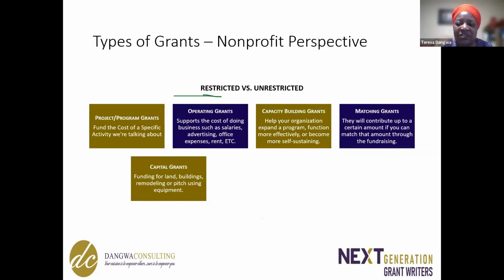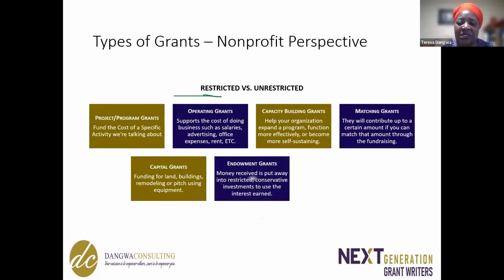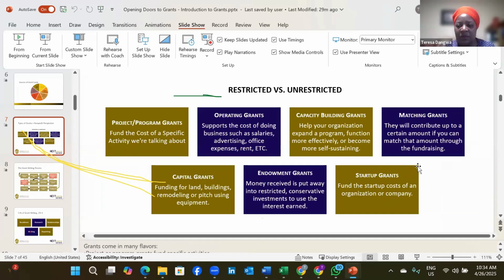And then we have matching grants. Matching grants usually will be contributed up to a certain amount. If you can match that amount through fundraising, an organization will match it as well for you. So when you do a fundraiser, for example, you have an agreement with an organization or a foundation or even a company, where they say, for every dollar that you raise, we are going to give you another dollar.